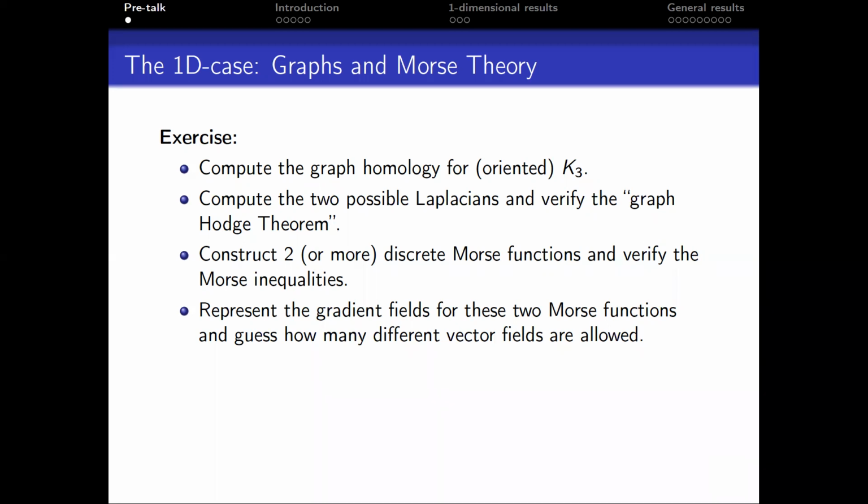So I will give you 2 examples. One is more trivial than the other. So let me introduce you to the first discrete Morse function on K3, and I will give you another one. A discrete Morse function is a function with numbers associated to vertices and edges of a graph. They have to satisfy a certain property that I will make more precise in the talk with a more formal definition.